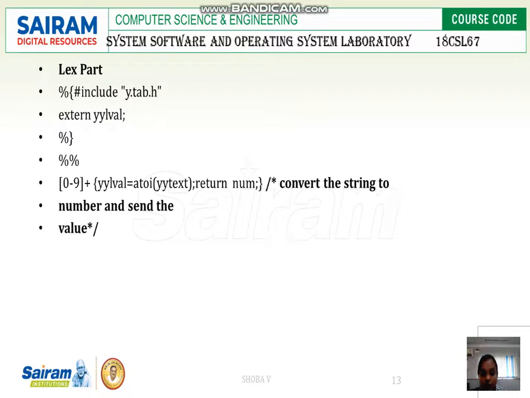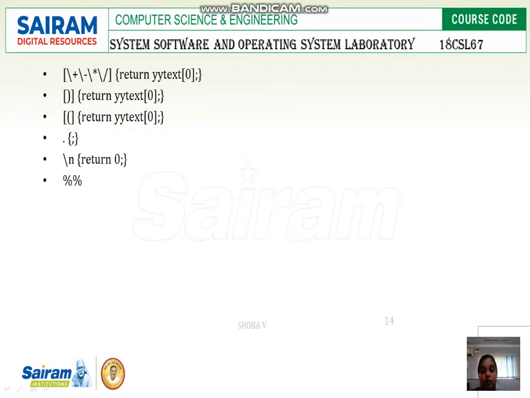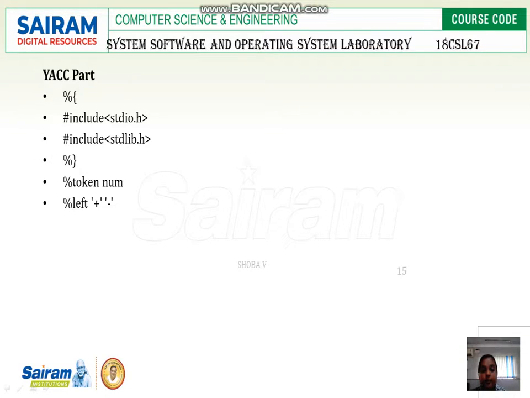Now this is the rule section. [0-9]+ is a regular expression, and the open brace and close brace is the format. This rule section is followed by the regular expression. It converts a string to a number and sends the value. It returns the token, and then we'll see the YACC part.